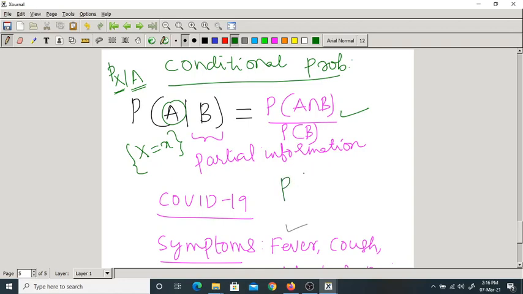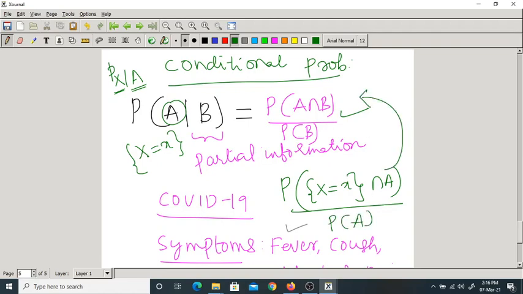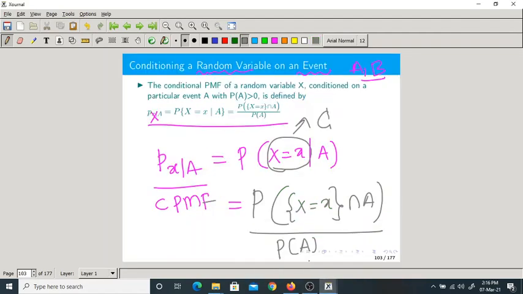P of the event, random variable X equals small x intersection A, divided by P of A. So we are using the same formula. There is no difference at all. There could be some confusion with respect to notations, but I hope you are okay with this. So don't get confused. Stick to the original definition.